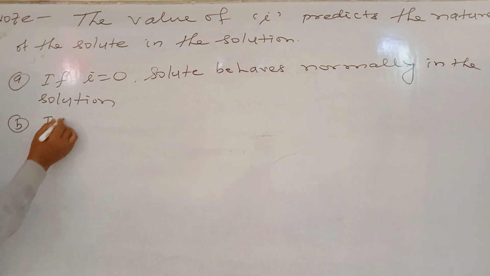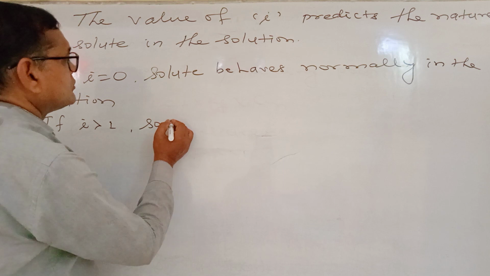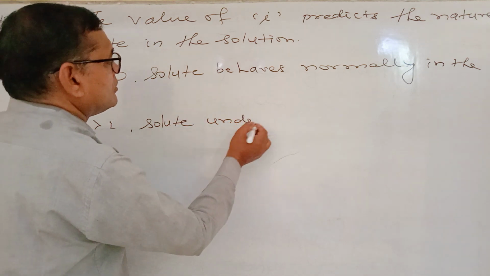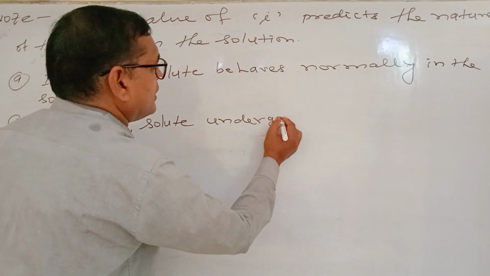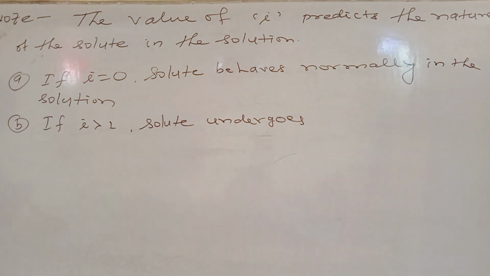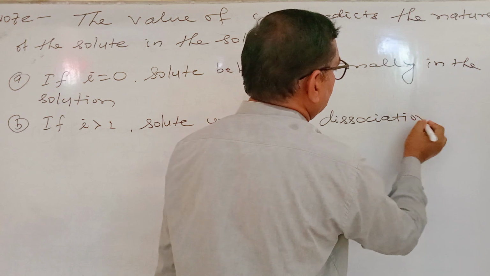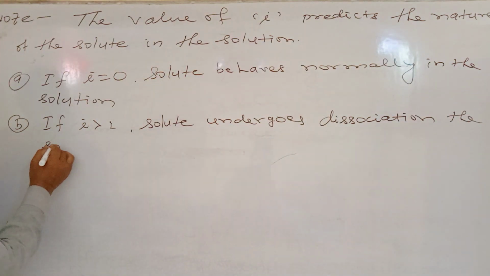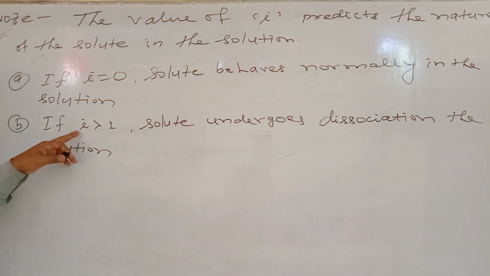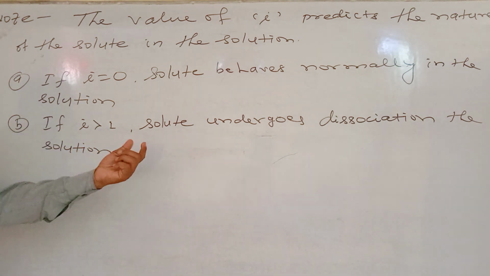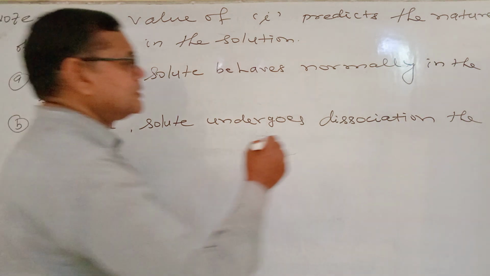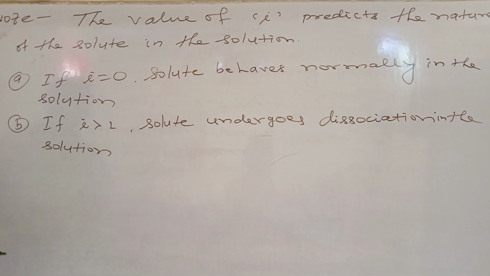Here we write if i is greater than 1. This indicates the solute undergoes dissociation in the solution. अर्थात सॉल्यूट जो है सॉल्यूशन में डिसोसिएट हो जाता है, टूट जाता है.